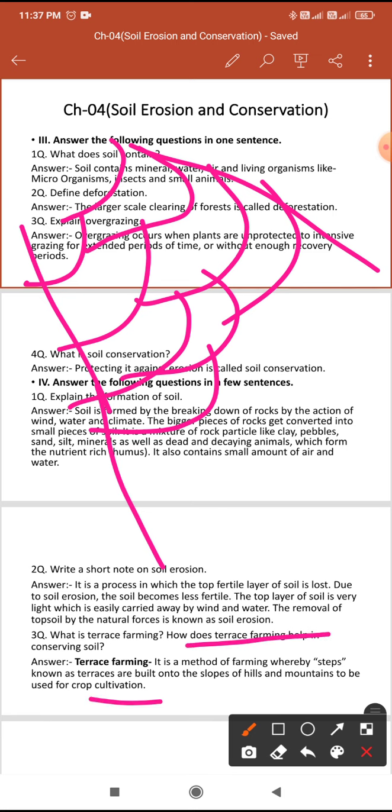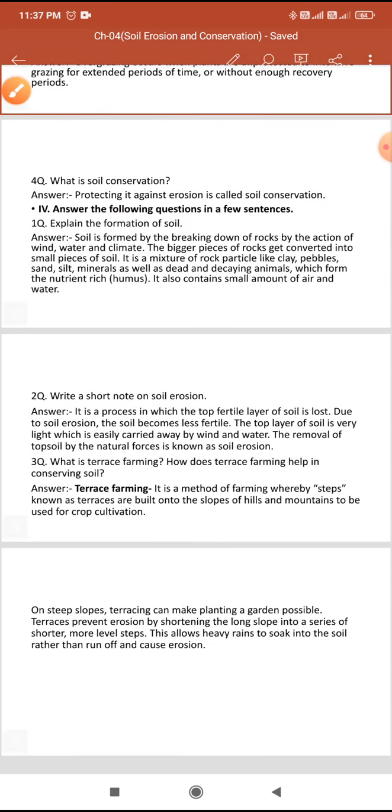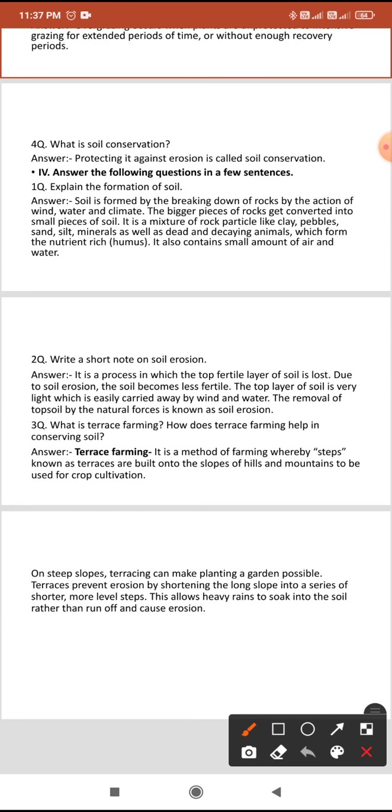Now the next sub part of this question is, how does terrace farming help in conserving soil? How does it help to conserve the soil? So on steep slopes, terracing can make planting a garden possible. Terraces prevent erosion by shortening the long slope.